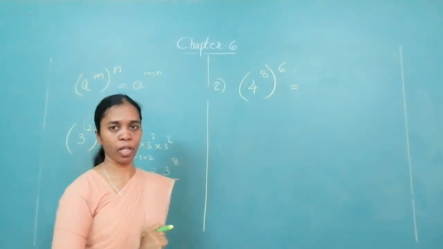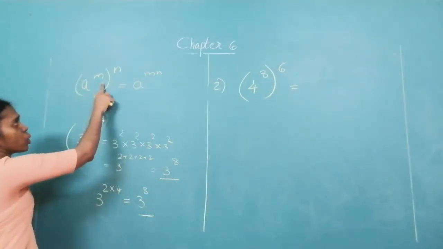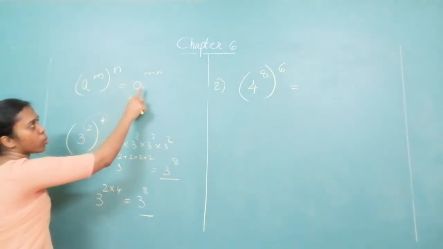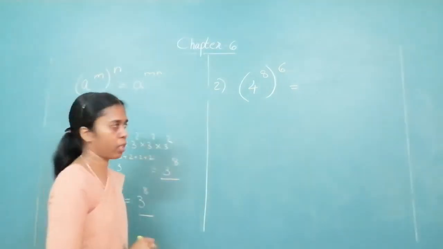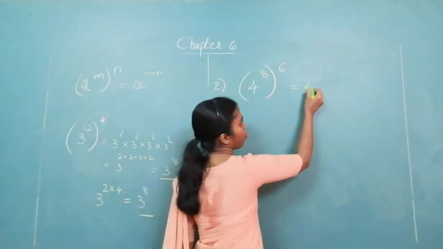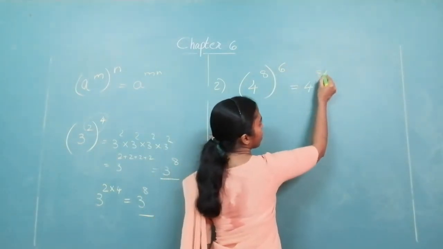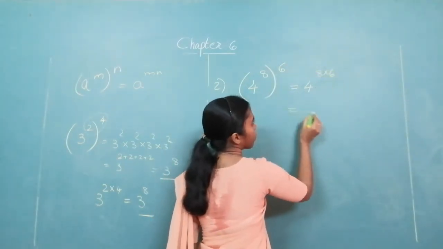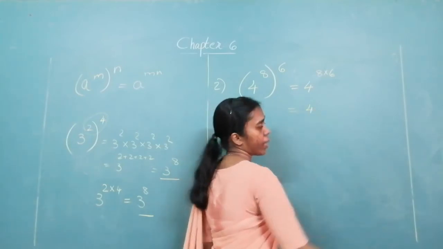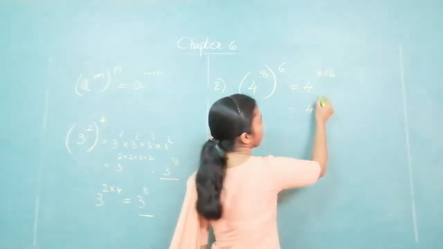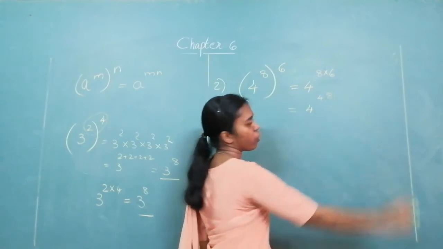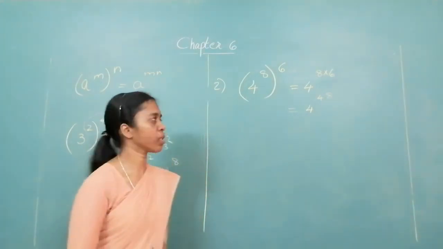We have a formula. What is the formula? (a raised to m) raised to n is equal to a raised to m into n. So you have to only write 4 raised to, multiply the indices, that is 8 into 6, 48. This is the answer.